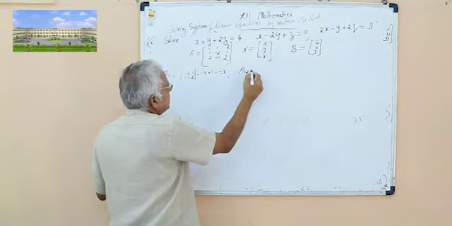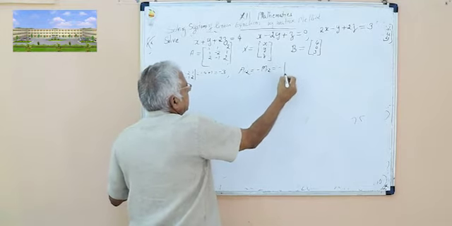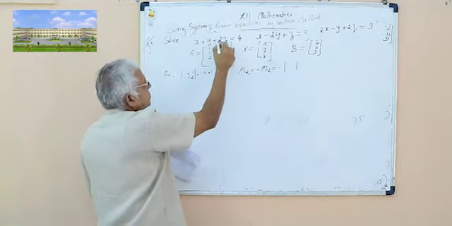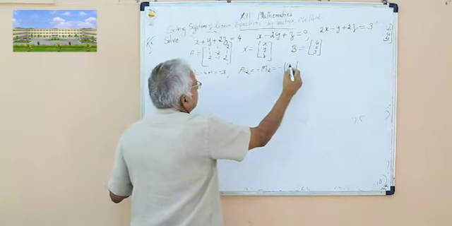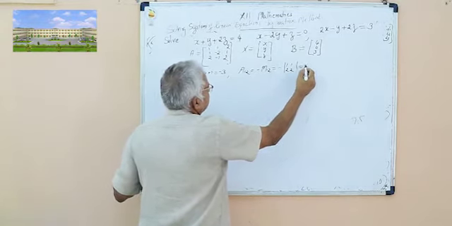A12 is the negative of minor M12. Delete the first row and second column, and the answer is 0.